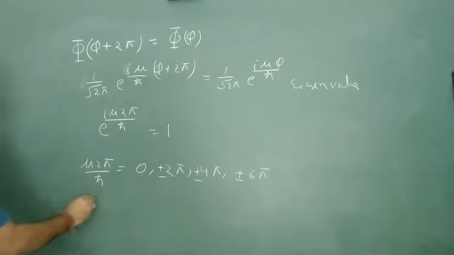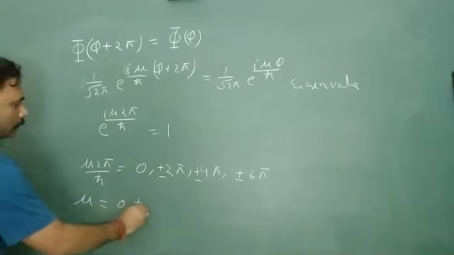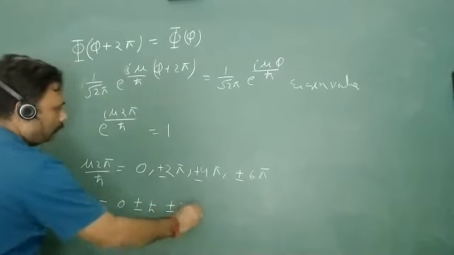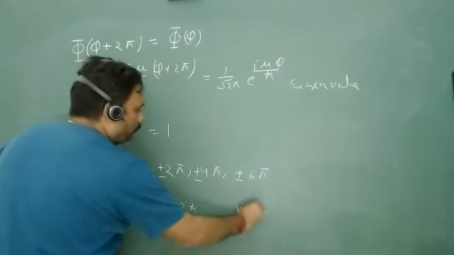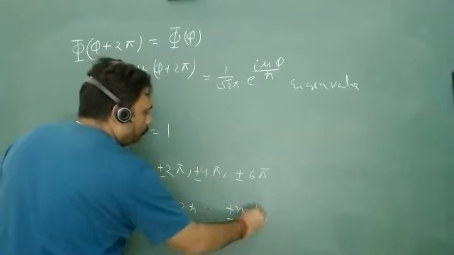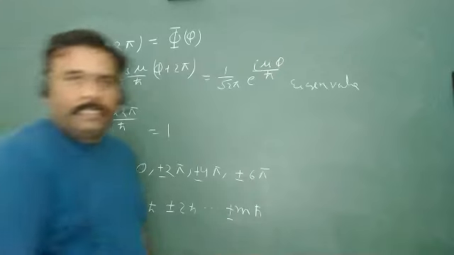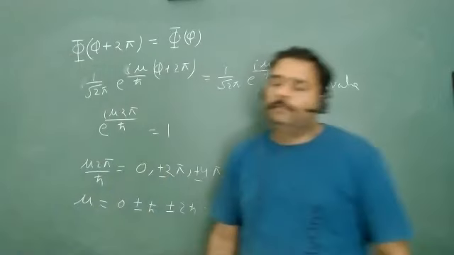So mu is equal to 0, plus minus h cut, plus minus 2 h cut, and you can write plus minus m h cut. Why have I taken plus and minus? Can anybody suggest?